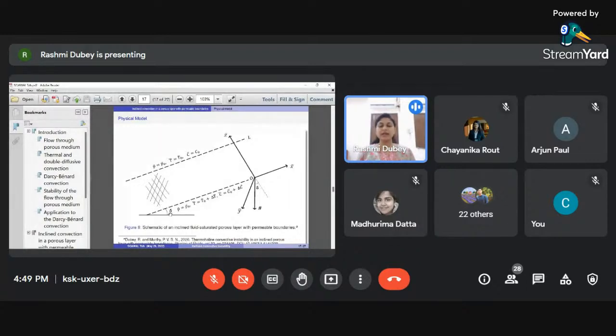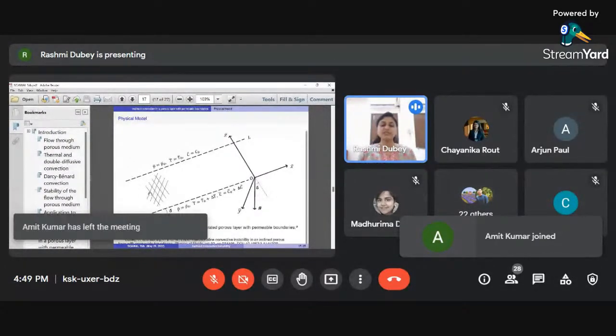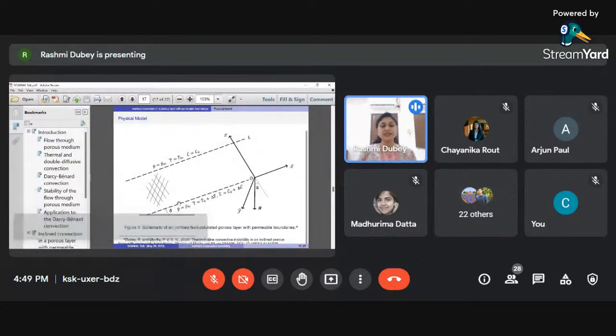In real life, inclinations are always possible. That's why considering such a system is more realistic, and it facilitates a generalized model which can be used for any particular inclination.